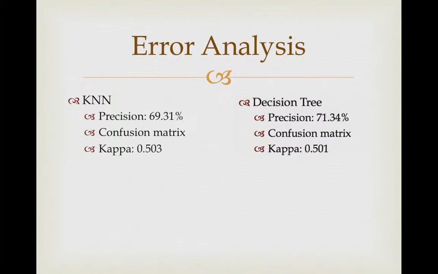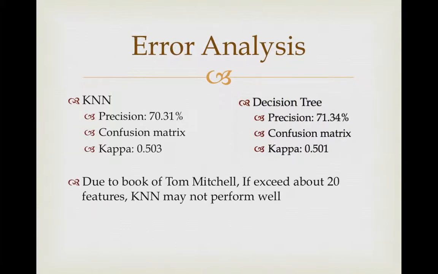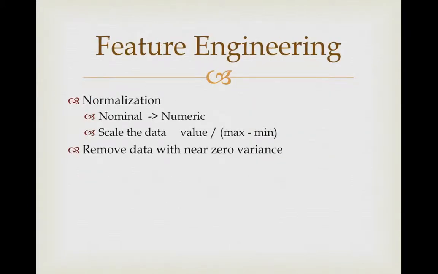Well, from the knowledge I learned from Tom Mitchell, if the features in KNN number about 20 or more, the algorithm will not perform well. So I think it's time for me to do some feature selection. Based on the data, I used normalization.